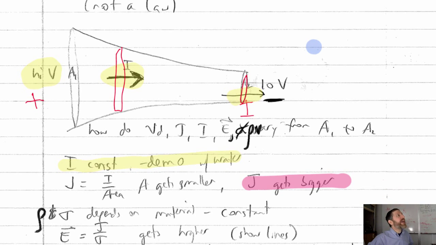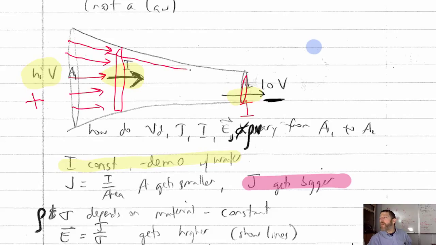Let me show you a model using electric field lines that shows you that. I'm going to use my red lines here. The electric field lines actually do the following. They start off over here like this. Here are the electric field lines. They have to stay within this conductor. So in order to stay within the conductor, notice that they have to get closer together.